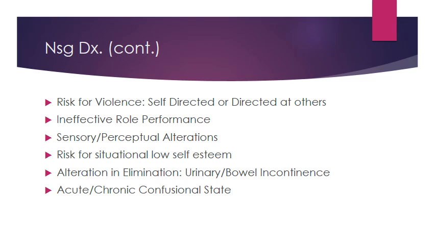Alteration in elimination. We haven't really talked about this, but urinary or bowel incontinence. In the later stages of dementia, Alzheimer's disease, many times we'll have this issue with alteration in elimination, mostly due to confusion. It's not necessarily that their physical functioning has changed.